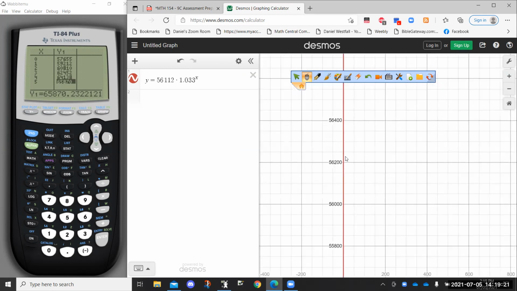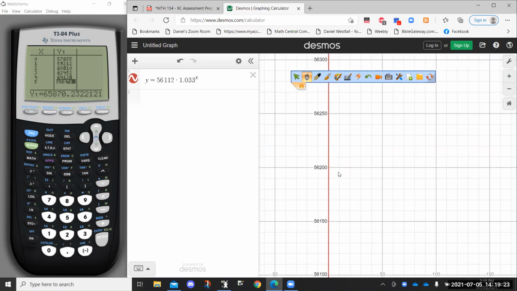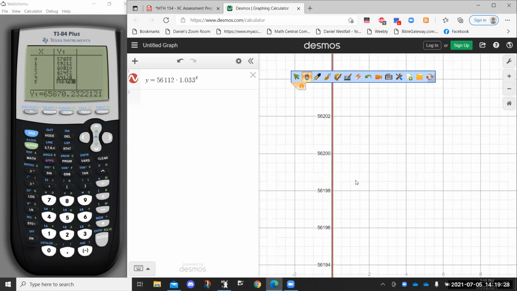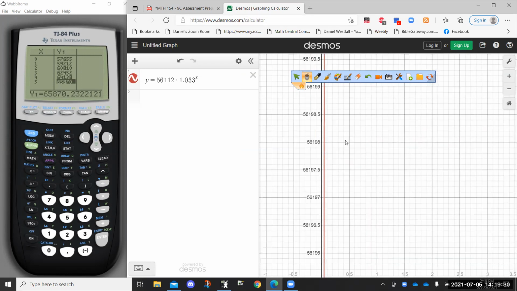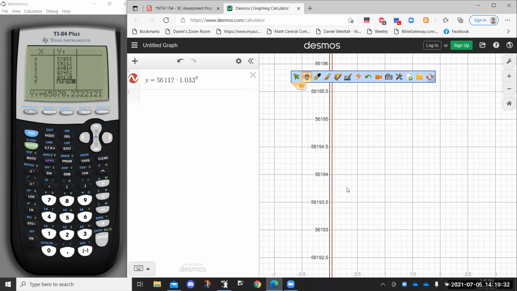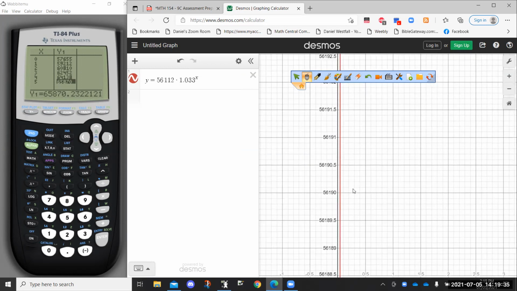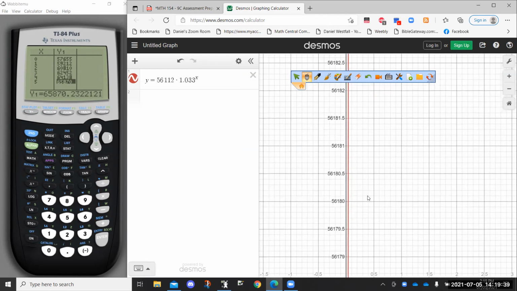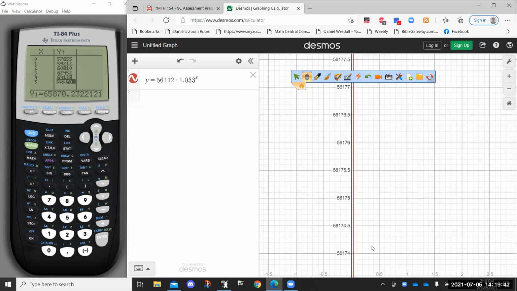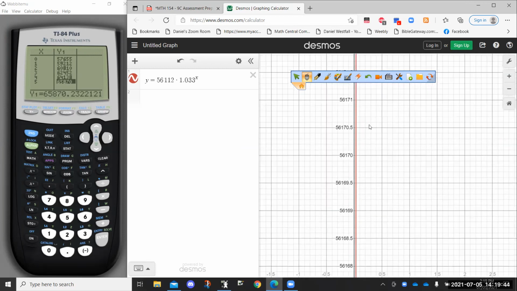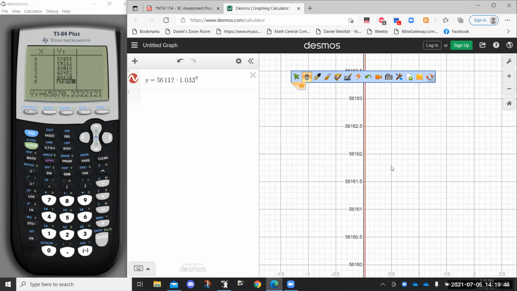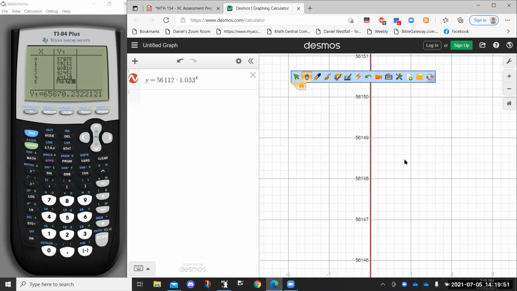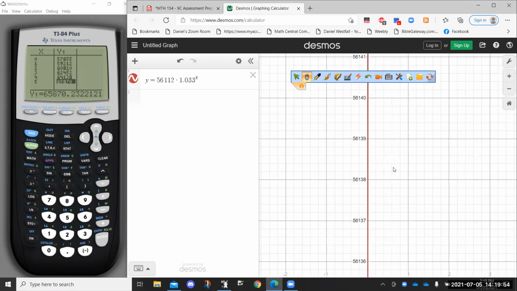56,112. If I want to zoom in here to the point where I'm going to be able to see that y-intercept, what was that, 112? Keep going here for a second or two.